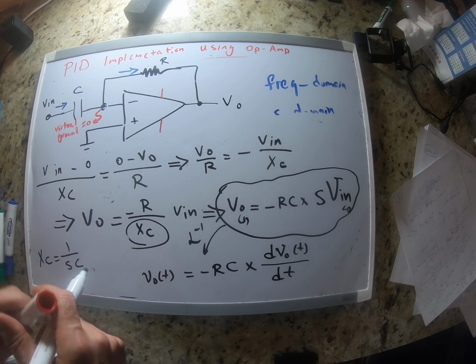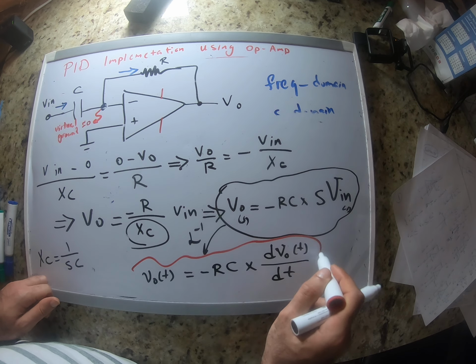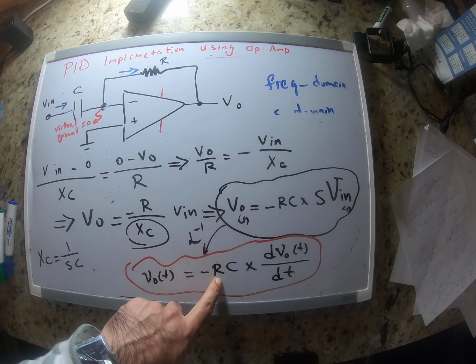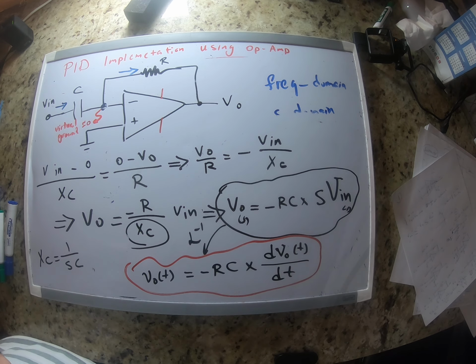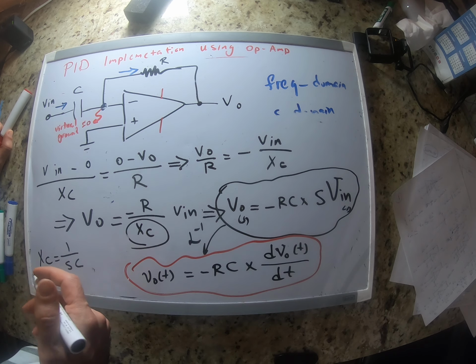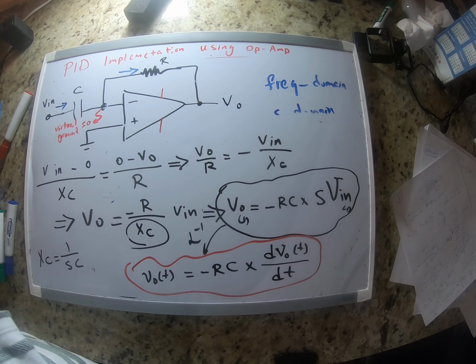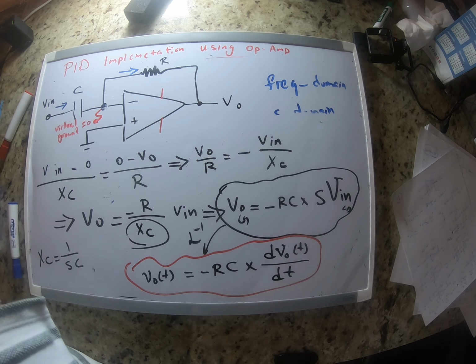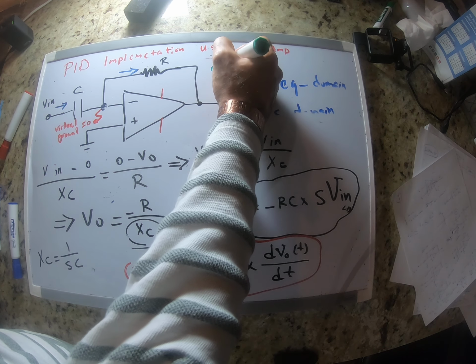This is basically what we end up with. I hope I didn't make any mistakes in these coefficients. I think I'm okay. As I think you've guessed so far, this circuit is called a differentiator.